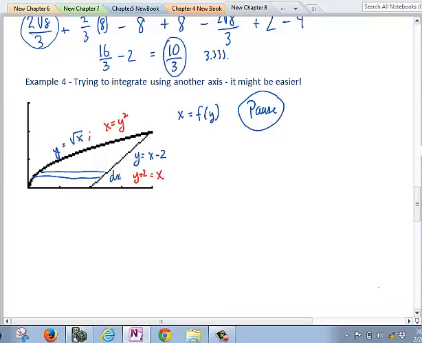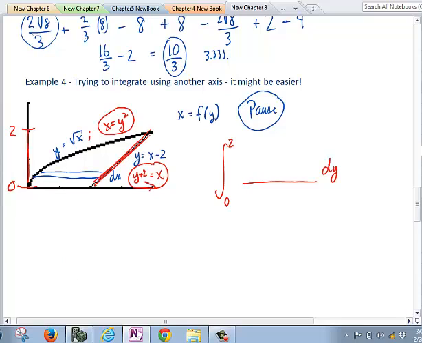Okay, so we're back, and the two functions are rewritten in terms of y functions. So what you really want to do is consider an integral that goes from 0 up to 2 on the y-axis. So we're going to write a dy integral, 0 to 2. This is dy, so our functions inside have got to be y functions. Our top function is this top function, and we know it's top because this is the direction of the x-axis.